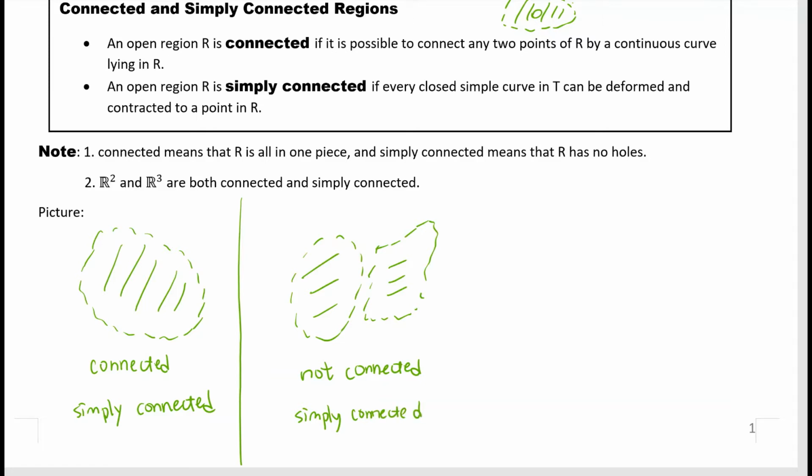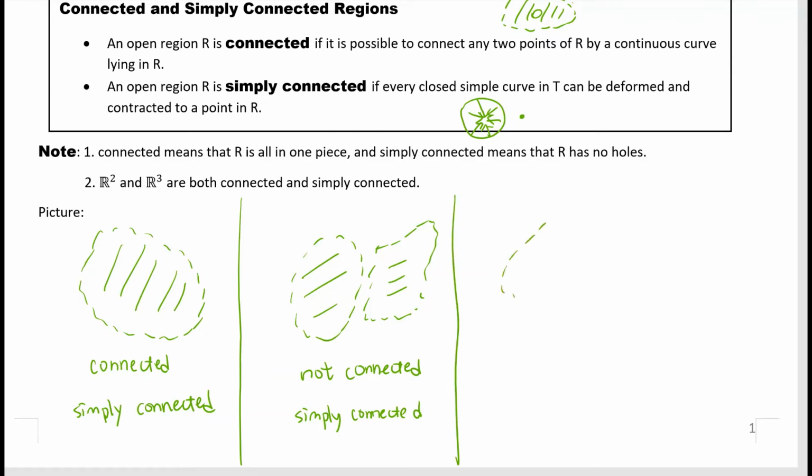Any closed curve can be contracted to a single point. Can you imagine? Contract means if we have a region, we deform it and contract it into a single point.